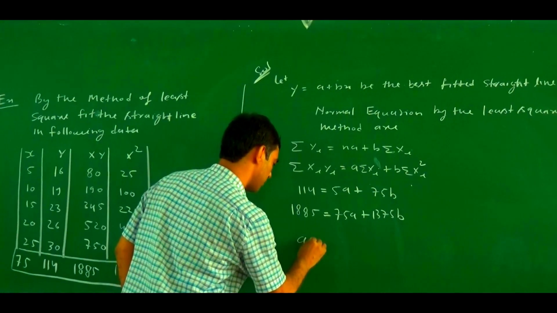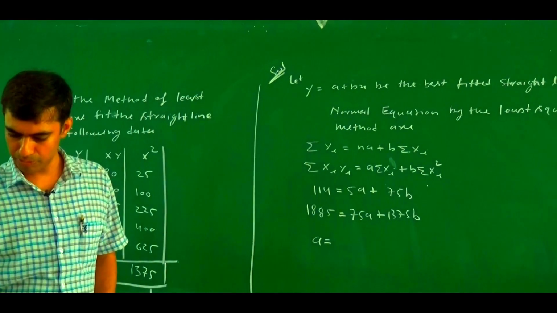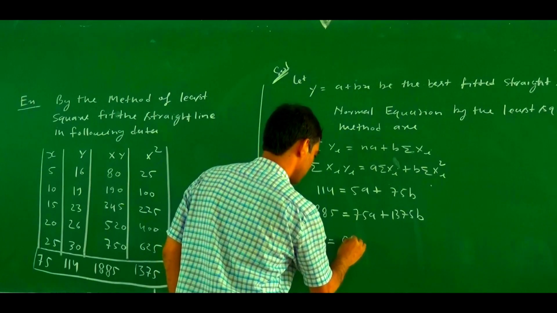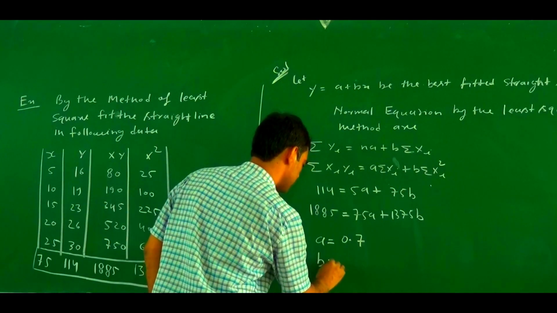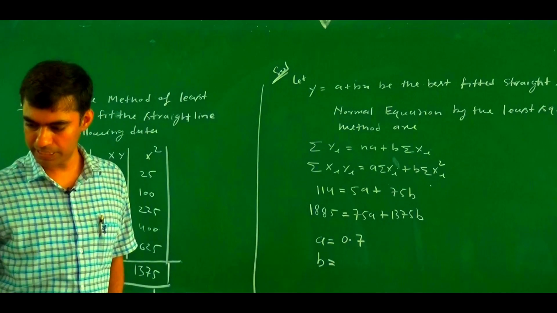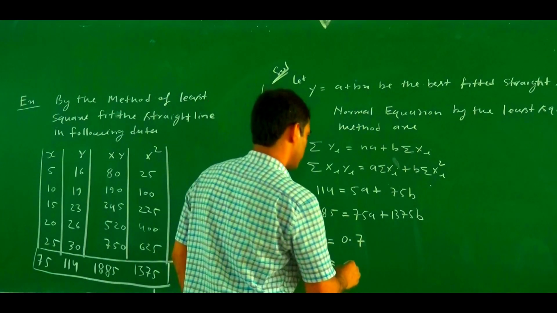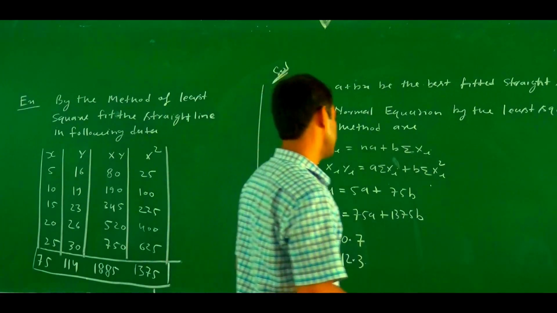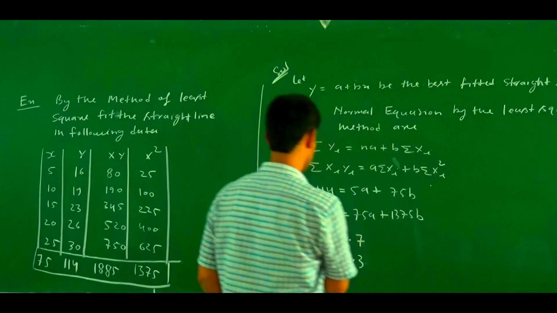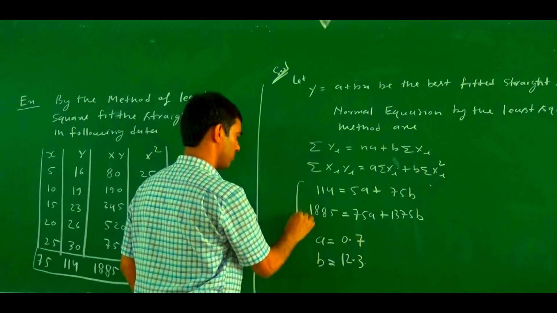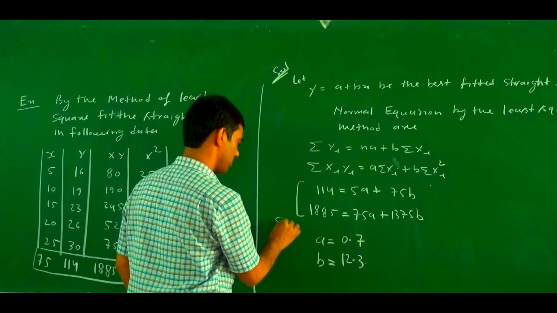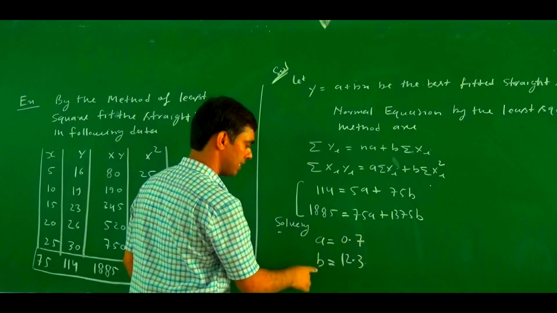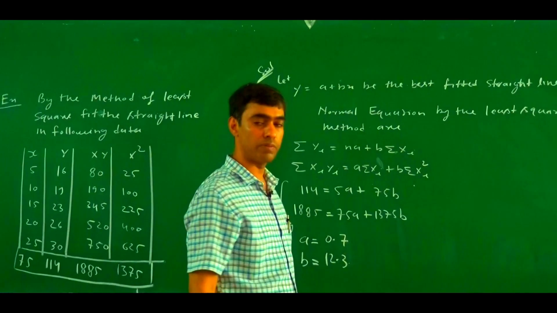After solving, the value of a is 0.7, and the value of b is 12.3.